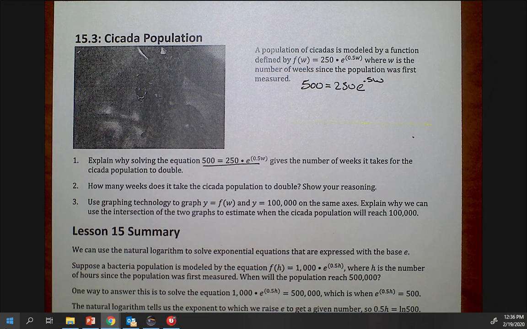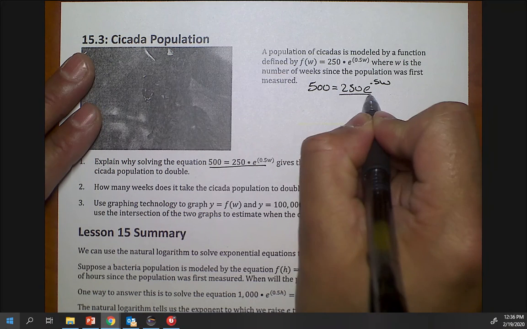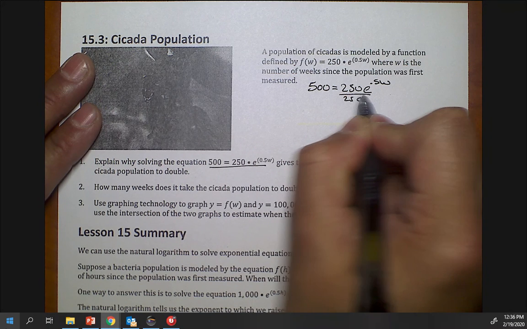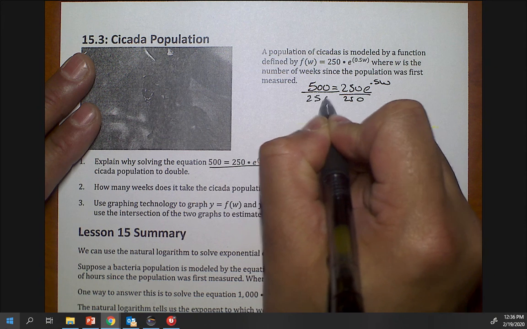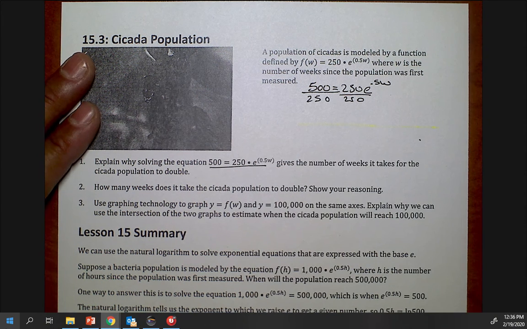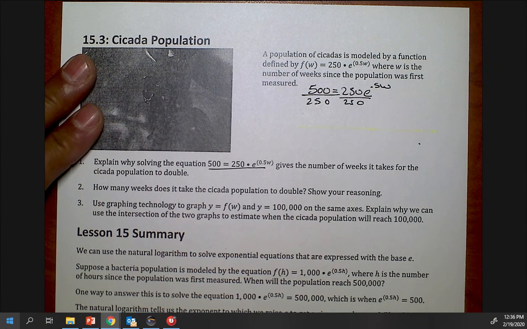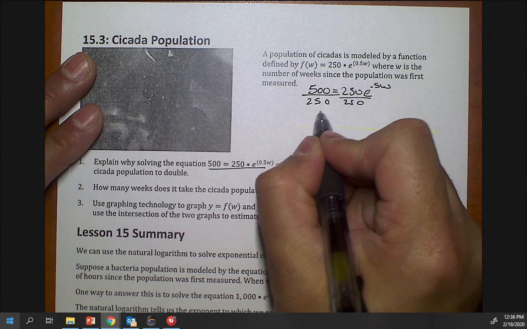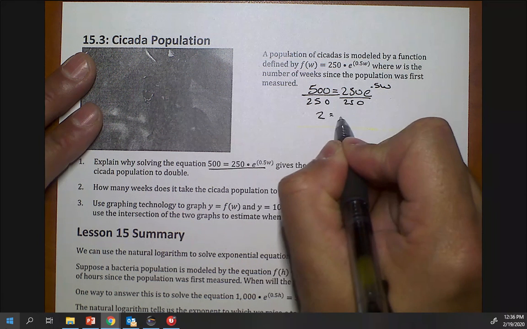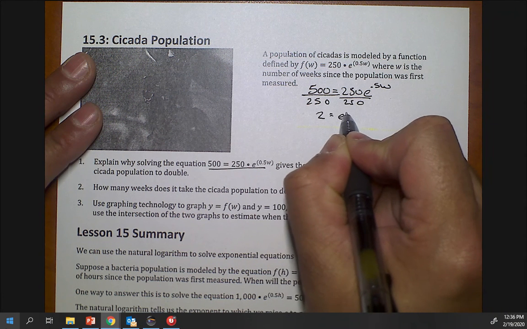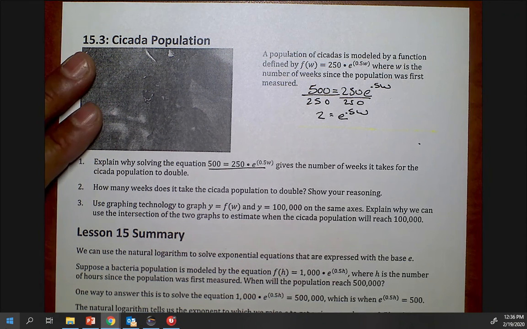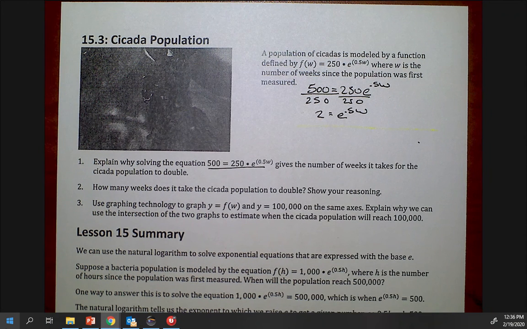What do you do? Divide by 250. Very good. So when I divide, 500 divided by 250, I get 2 equals e to the 0.5 w. Right, Jocelyn?